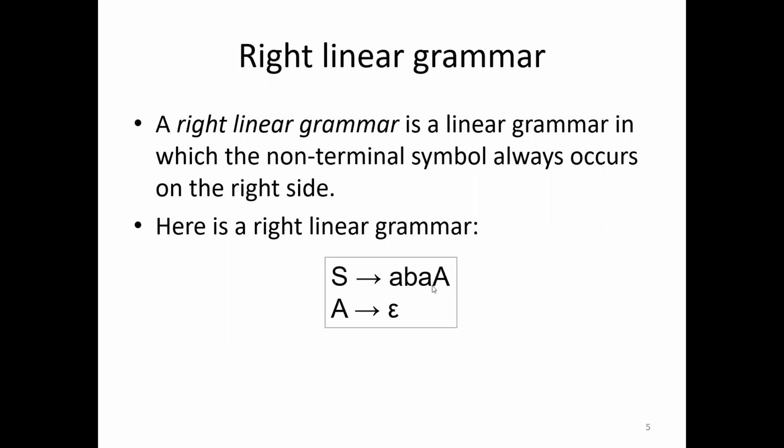In other words, I'll say this non-terminal is the last symbol on the right-hand side of the production. You can see here this non-terminal A is the last symbol on the right-hand side of the production. It means from the right side, this is the first symbol. And in case of left linear grammar, this non-terminal is the first symbol from the left-hand side. So this is the difference between left linear grammar and right linear grammar.